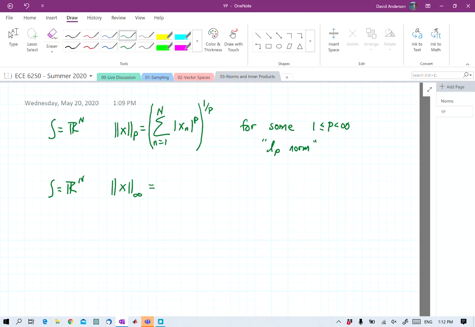But the very largest value of x_n is going to be infinitely larger than any of the others. Then when you take the infinite root of that, all the ones that were infinitely smaller go away, and you're left with just that one value. So that's a long way of justifying why we still call it an L-something norm and why it's the L infinity norm.